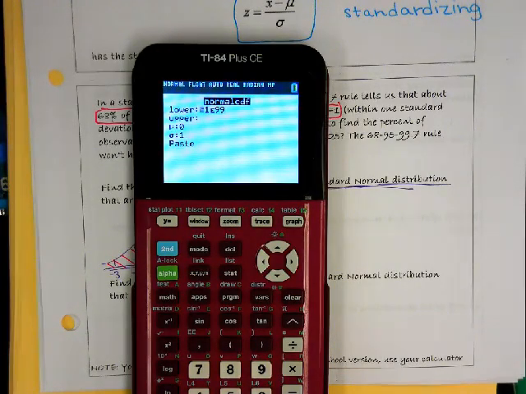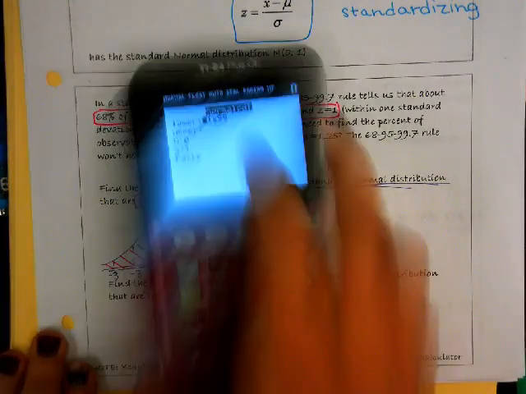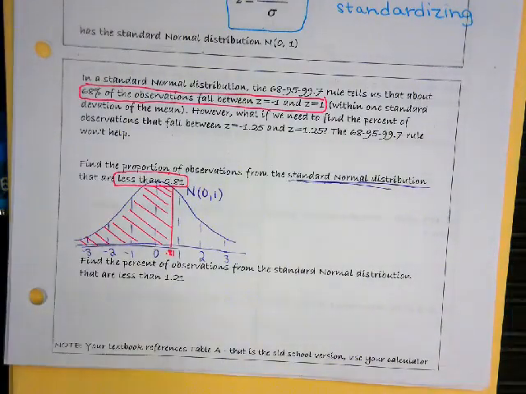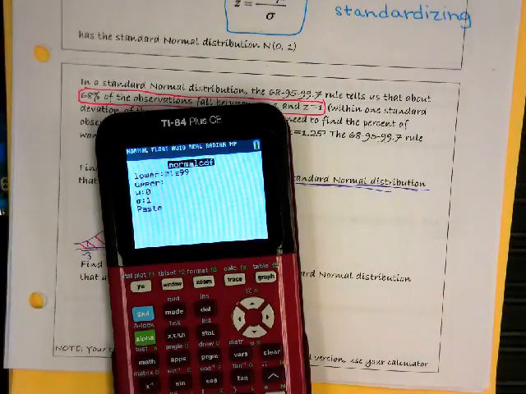All right, normal CDF. If you have an older calculator, it is going to just put it into the home screen for you. Newer calculators ask you the questions.